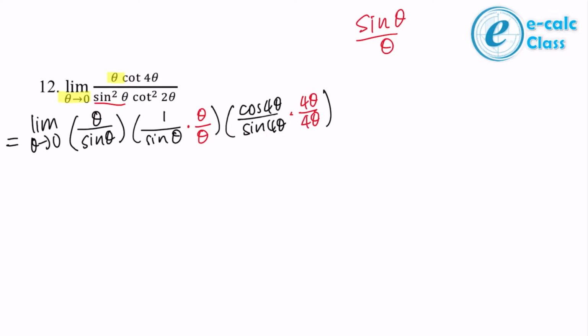Okay, so cotangent 2 theta. Do you know why? Because now I have a problem. This sine theta belongs to this theta. This 4 theta belongs to this sine 4 theta. And this theta belongs to this sine theta.